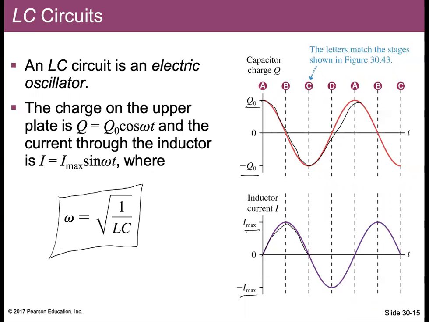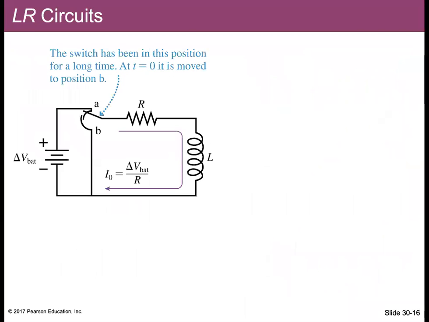So now let's look at another type of circuit. So that's an LC circuit. Now we're going to look at an LR circuit where we have an inductor and a resistor. Now here, the switch has been at this position for a long time. At T0, it is going to be moved to position B. So this is T0. So now we have just the inductor and the resistor.